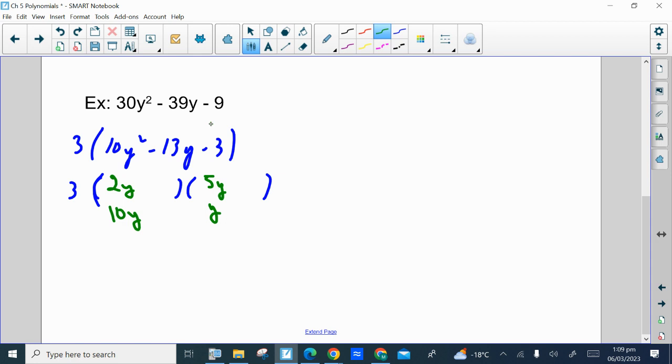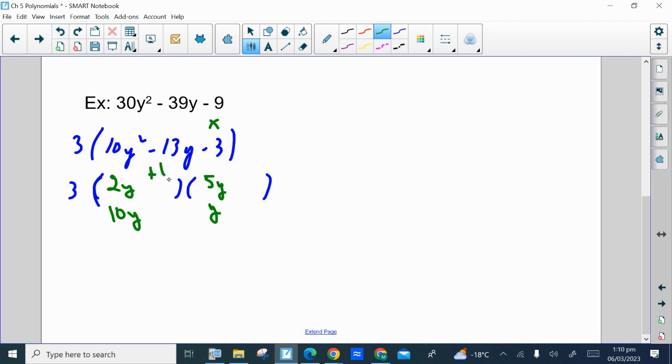Now, the last terms have to multiply together to get that negative 3. So it's either 1 times 3 or 3 times 1. And because they multiply to get negative 3, one of them's got to be positive, one's got to be negative. So if we're going to check all our possibilities, we might try a positive 1 and a negative 3, a negative 3 and a positive 1. Well, actually, let me do this in a more systematic way.